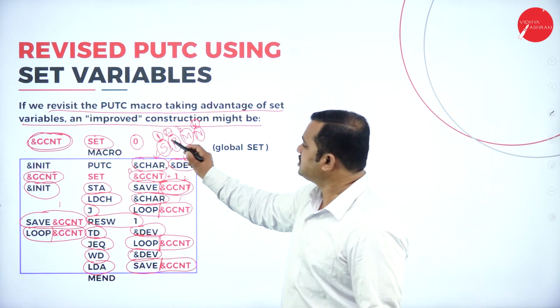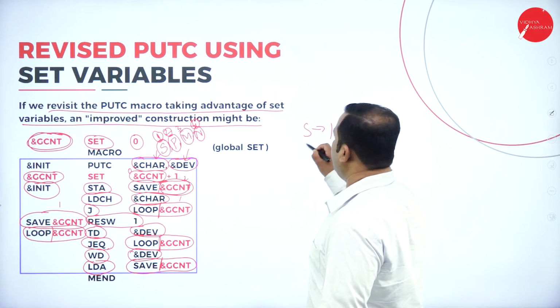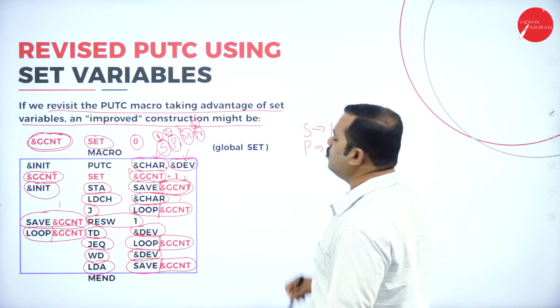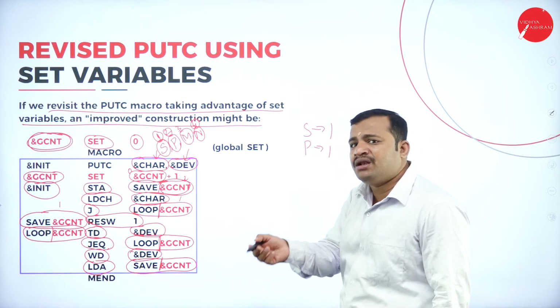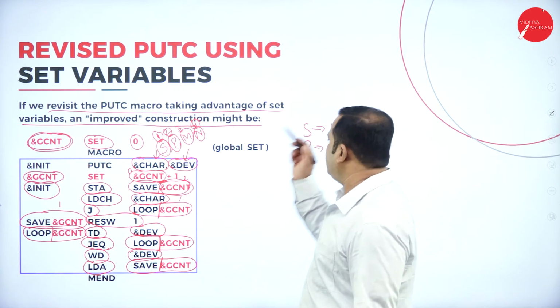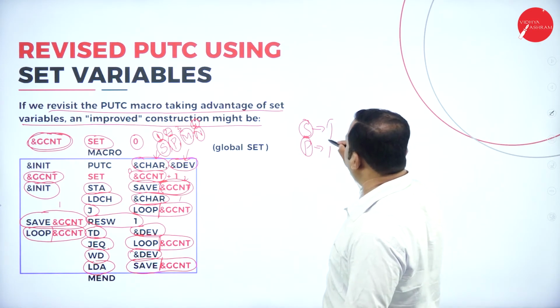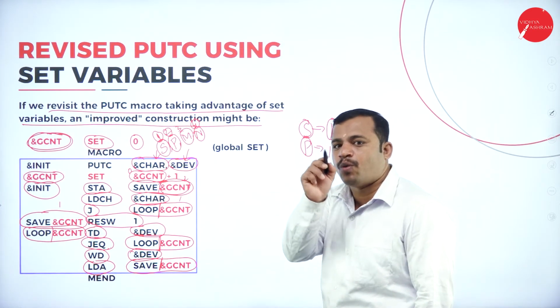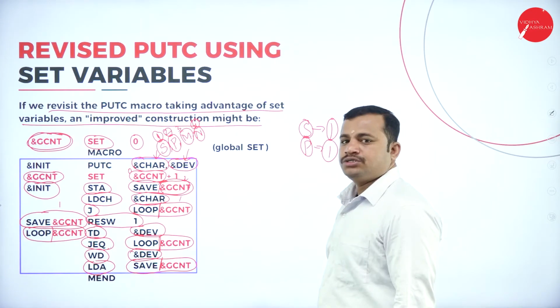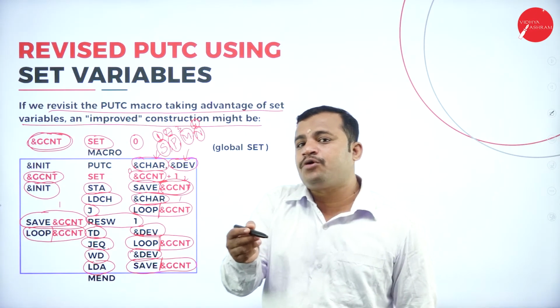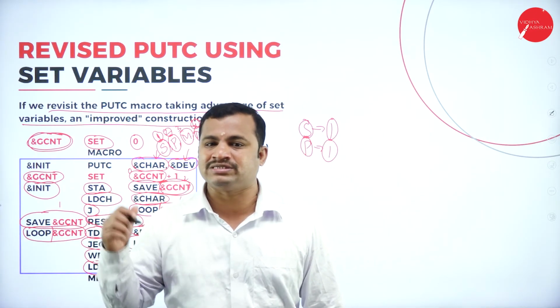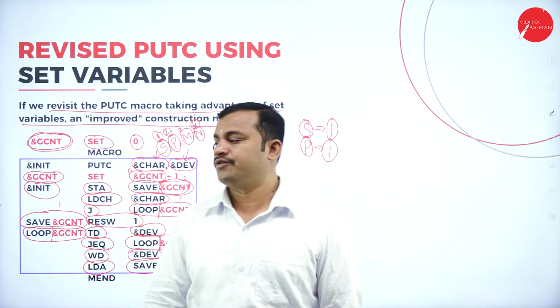If S is assigned with value 1, and P is also assigned with value 1, then the assembler leads to a dilemma whether to print S or to print P, because both of them have been assigned with set variable 1. So immediately this is the problem they identified in the first version.